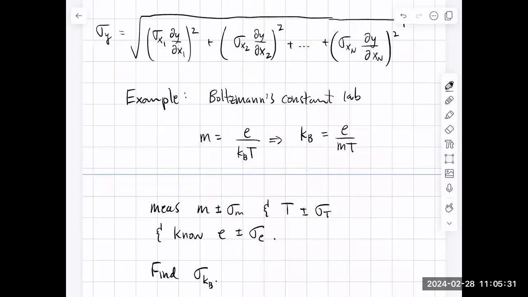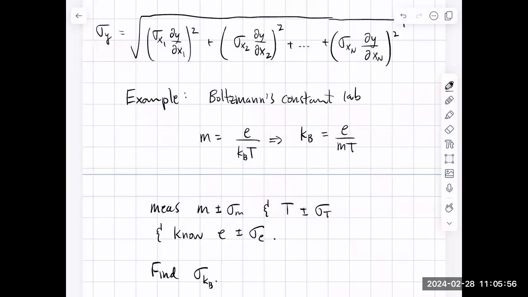It turns out that m is related to the electron charge divided by kB times T, where T is the temperature in units of Kelvin. And let's suppose we know temperature, like we measured it with just an alcohol thermometer or something like that. So we know the temperature plus or minus its uncertainty and the slope plus or minus its uncertainty.